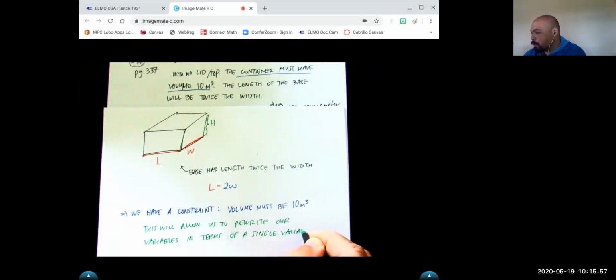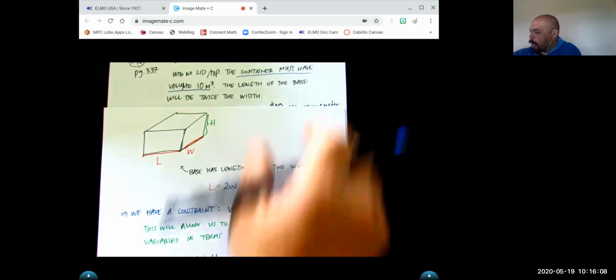So all those other variables we can condense down to a single one. And so for us, the volume is length times width times height. I'm going to shift this up, okay?